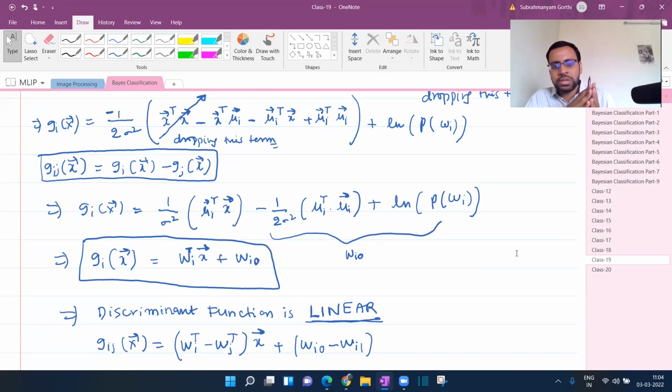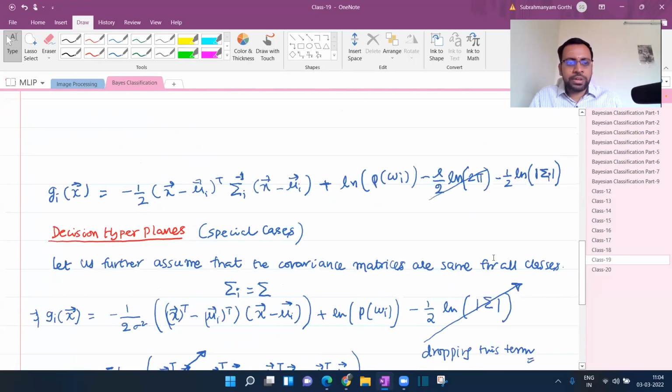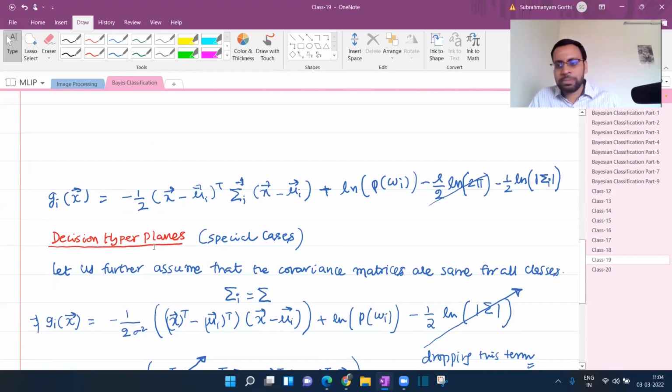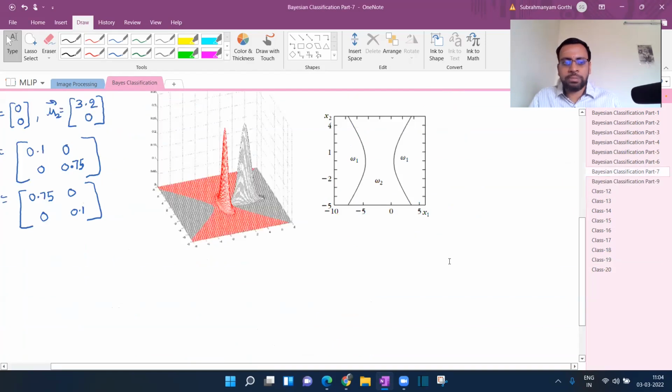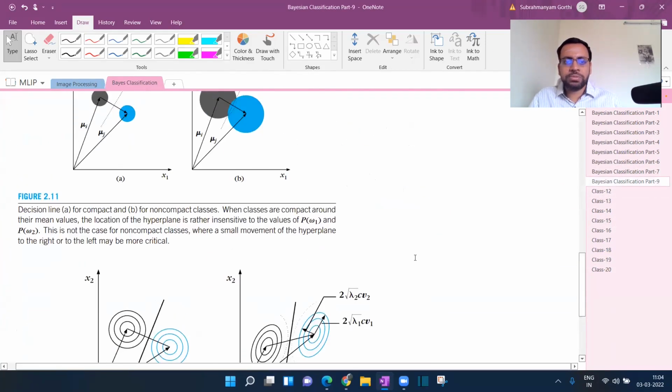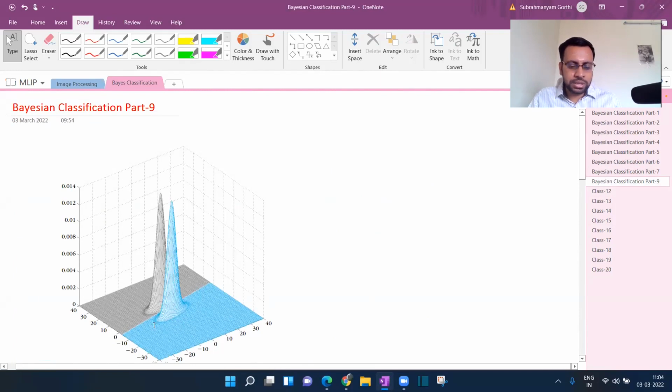Now, in this class, we'll continue our travel for arriving at the decision hyperplanes. You have the discriminant function g i of x bar, which is found to be linear. We have also seen an example showing what it means to be linear. For example, with varying mean vectors but the same variance value, this is how the plane would look.